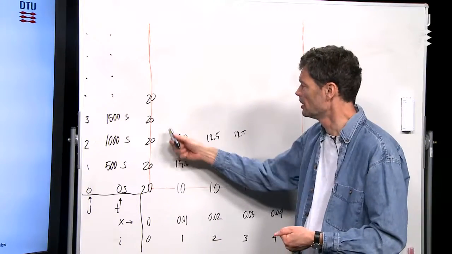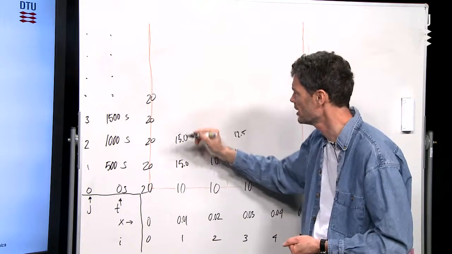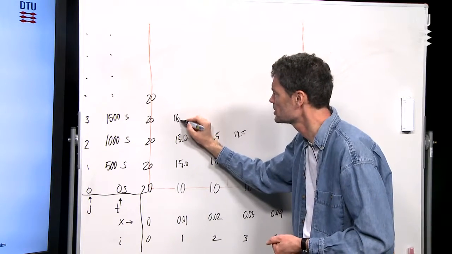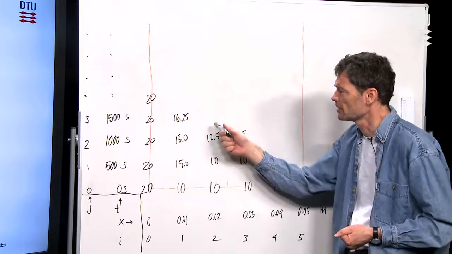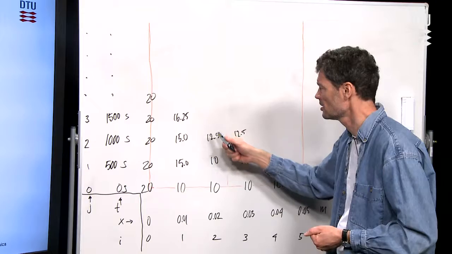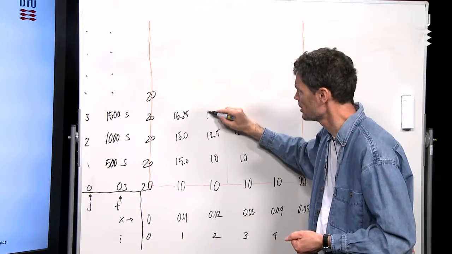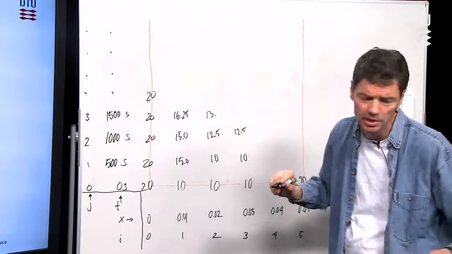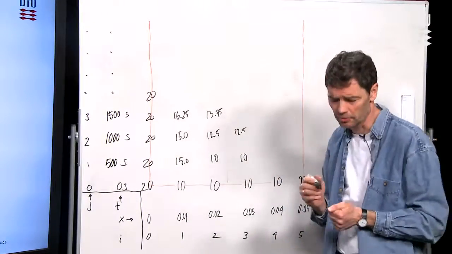I continue, half times 20, 0 times 15, half times 12.5. That gives me, in this place here, 16.25. And now I get half times 15, 0 times 12.5, plus half times 12.5. This comes to, I think, 13.75 degrees centigrade. And so you can move forward.